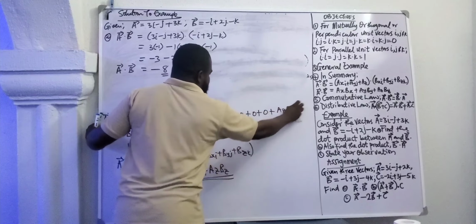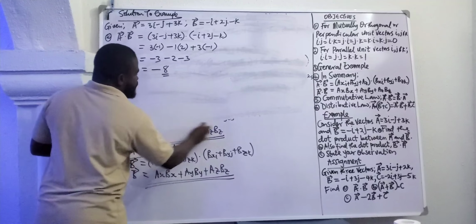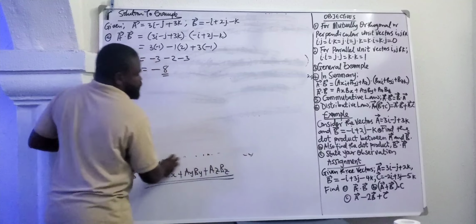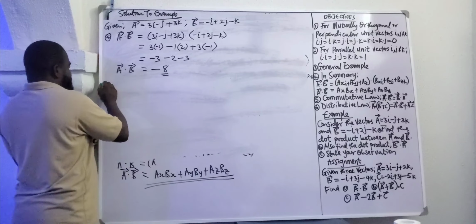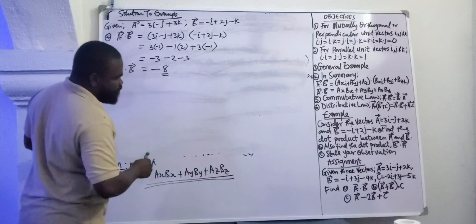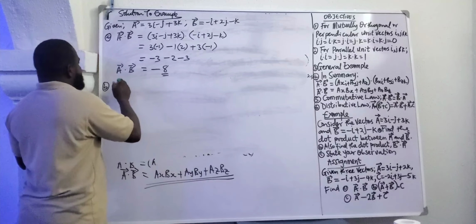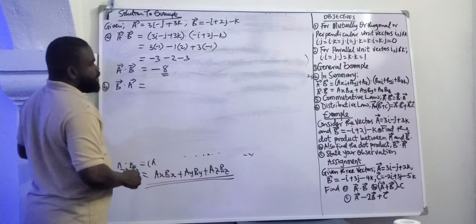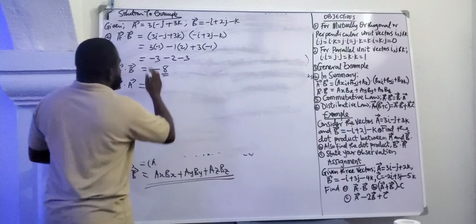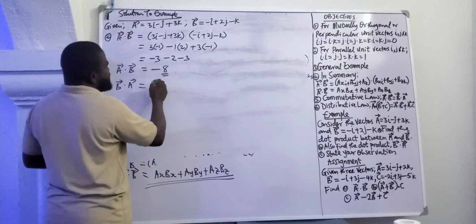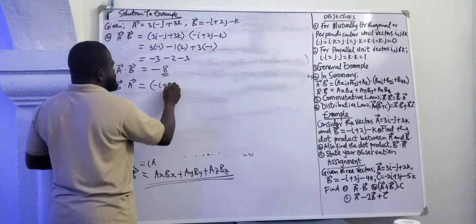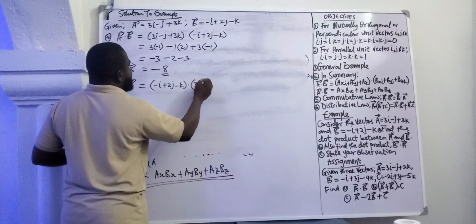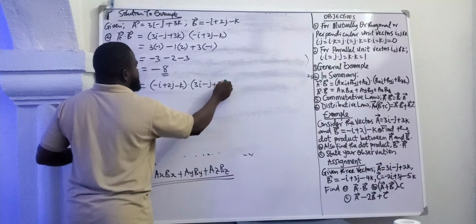Then there's something option B wants us to also prove, which is whether dot product is commutative or not. So B says we should find the dot product of B and A. So we have vector B dot vector A. I told you in vector order is very important. So B is minus i plus 2j minus k dot A is 3i minus j plus 3k.